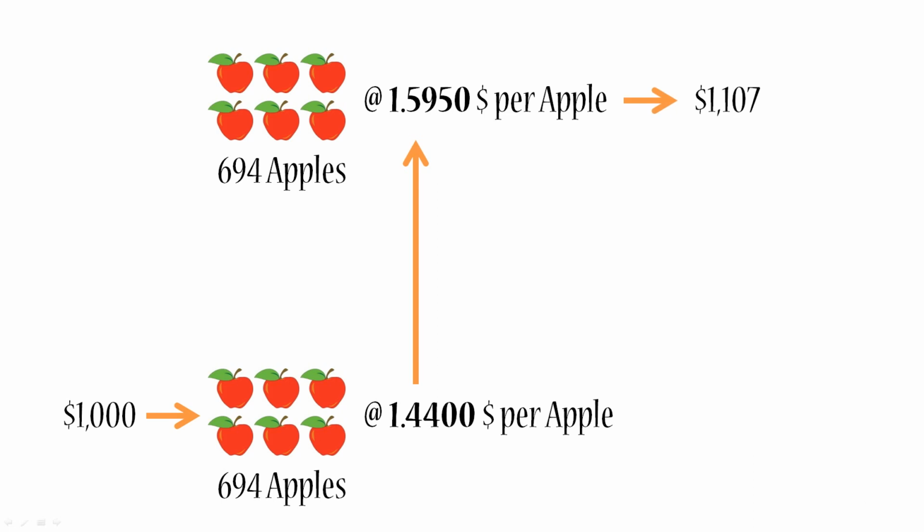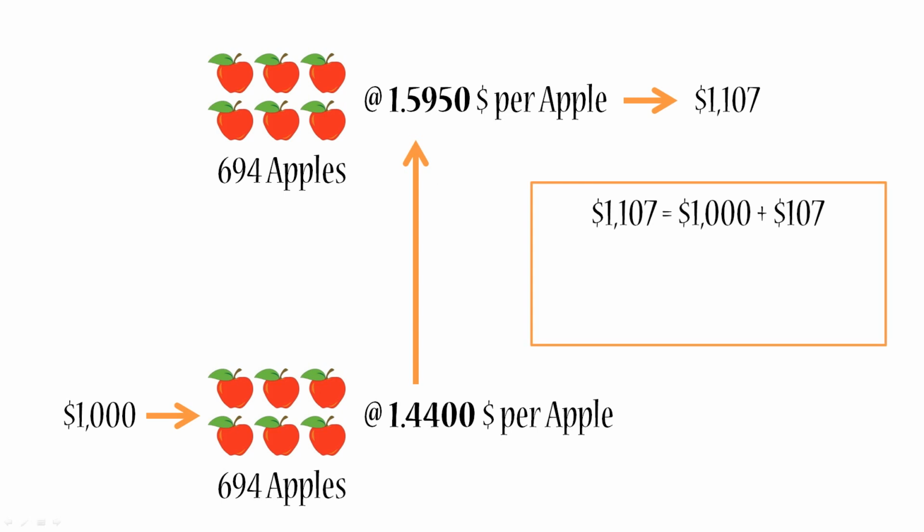So as you can see, he started with $1,000 and now he has $1,107. So if we break this final amount up, we can see that $1,000 is the starting amount on his account, and $107 is the profit that he made.